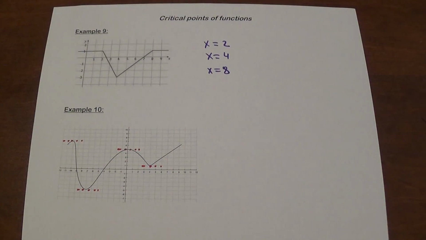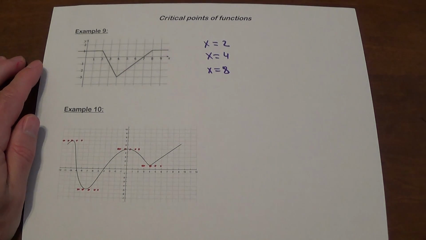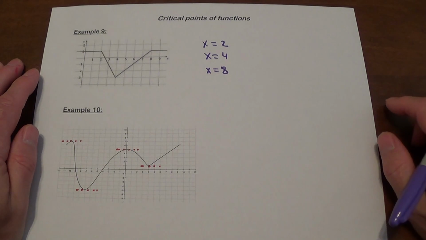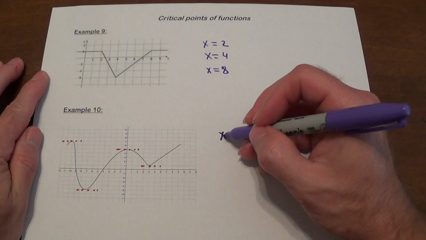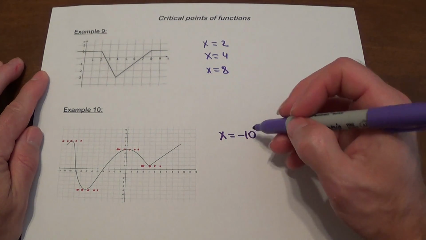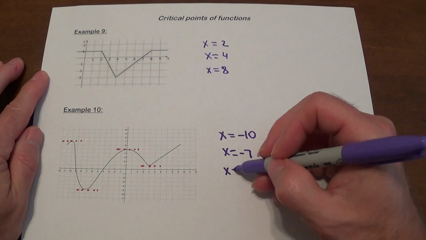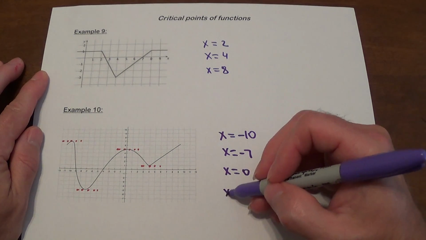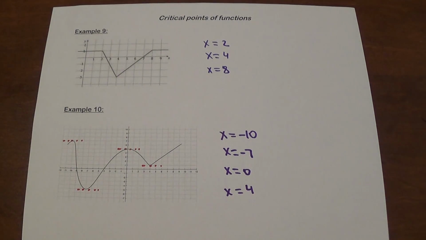So all 4 of these points is where the derivative is going to equal 0. Again, it does not look like we have any points where the derivative fails to exist, which means we are looking for a sharp turn. So what are these points? It's x equals -10, it's x equals -7, it is also x equals 0, and it's x equals 4. Okay, and that's all.